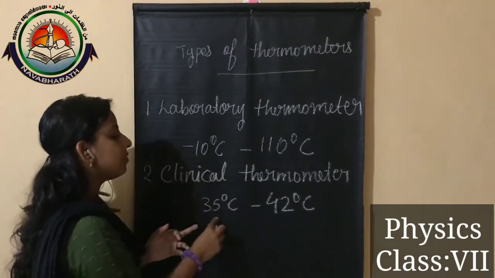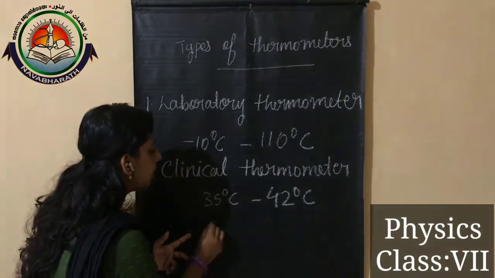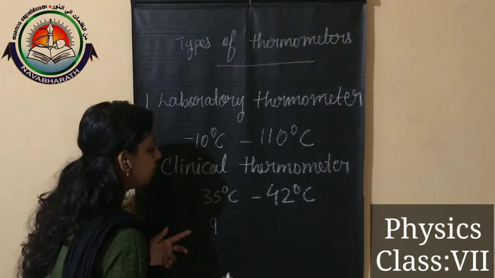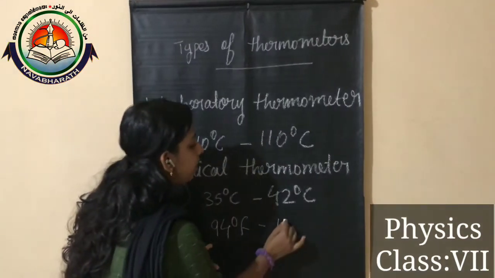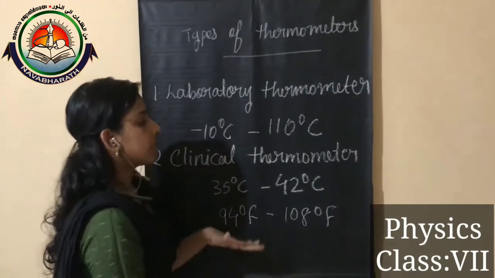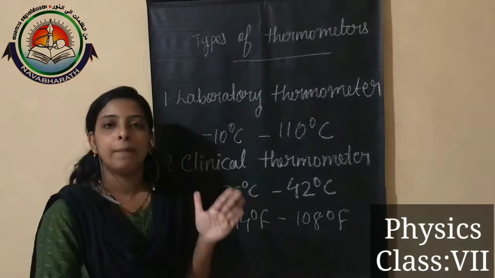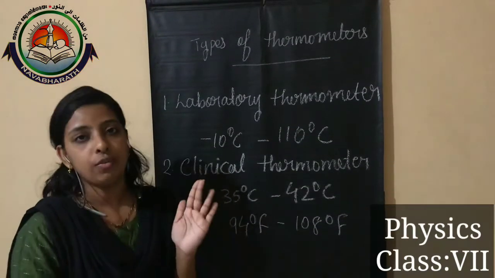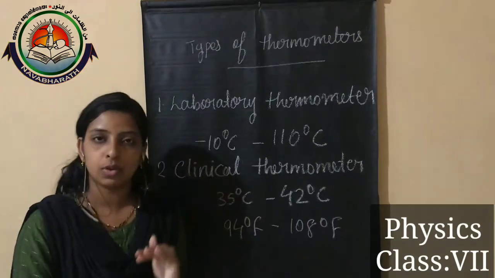We can also express this in degrees Fahrenheit: 35 becomes 94 degrees Fahrenheit, up to 108 degrees Fahrenheit. Okay, so we use clinical thermometers only for measuring the temperature of the human body. That's all about these two types of thermometers.